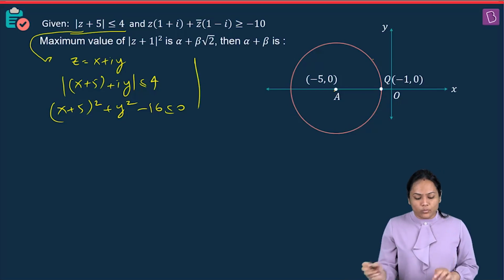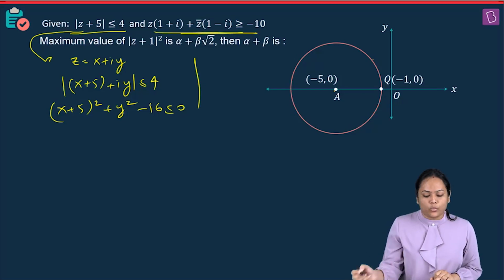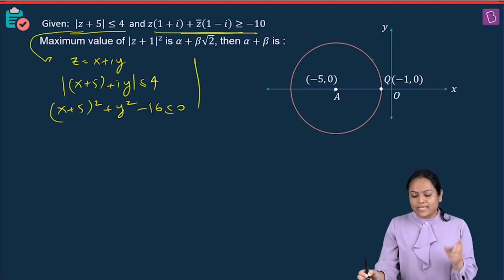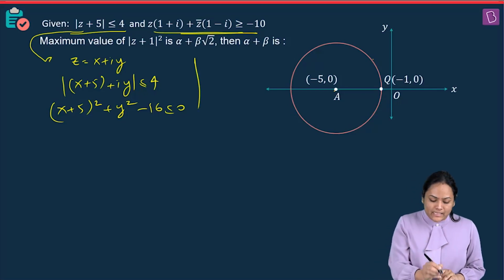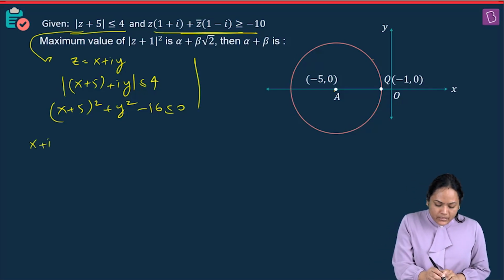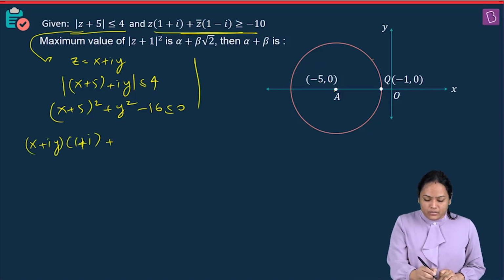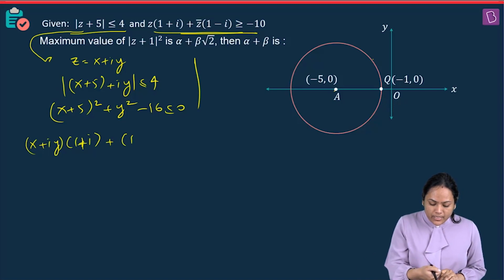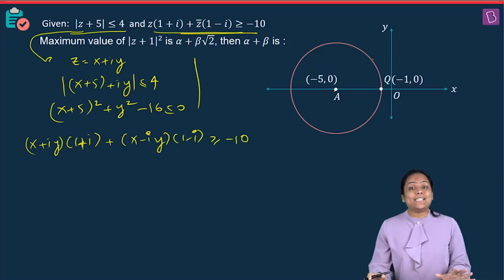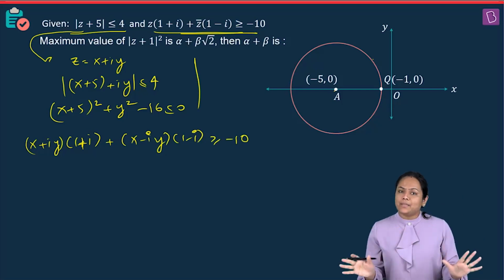What about the second one? I have this equation. Again, when I substitute Z as x plus iota y, it becomes (x plus iota y) multiplied by (1 plus iota). Similarly, Z bar is nothing but x minus iota y, multiplied by (1 minus iota), is greater than or equal to minus 10, right? Let's simplify this.